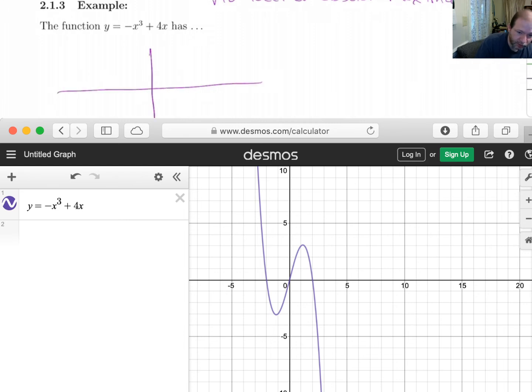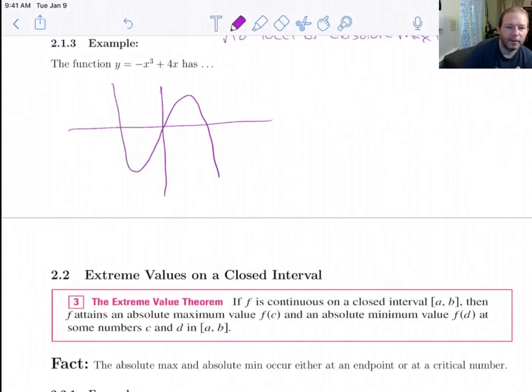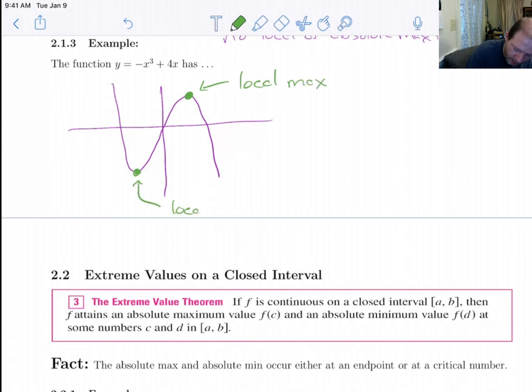I'm just going to do a quick copy of it up here. So this has, I'll do this in a different color, a local max, and this is a local min, and it has no absolute max or min.